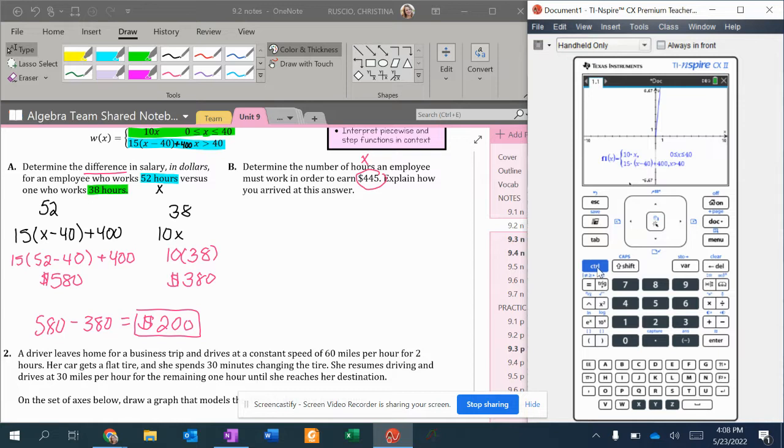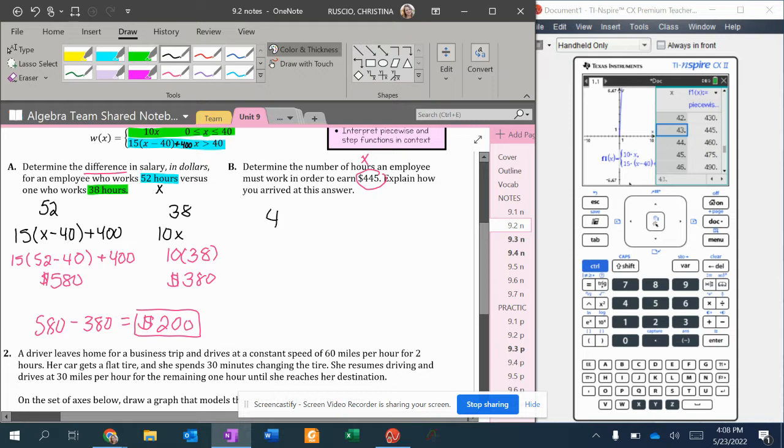Okay, so I'm now going to push Control T to look at my table of values, and I am looking for $445. Well, already we know that it's going to be more than 38 hours, right? Because of part A. So it's going to be past this, and in this case, it is 43 hours.